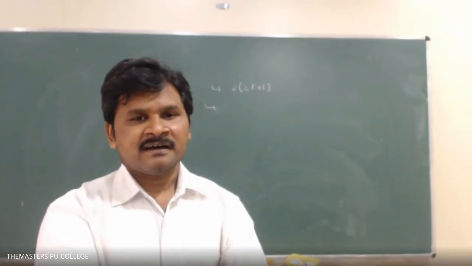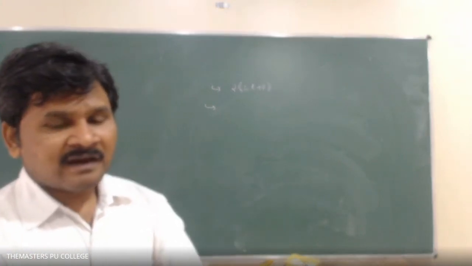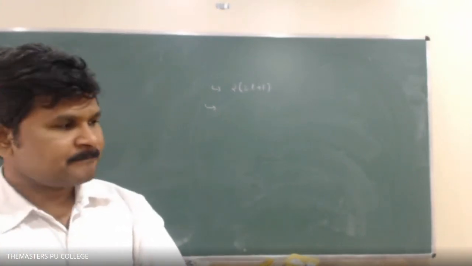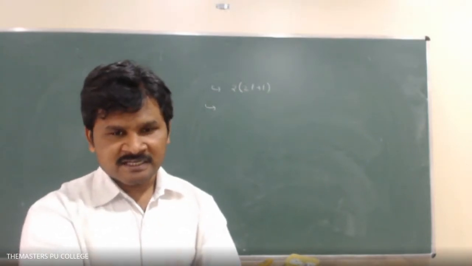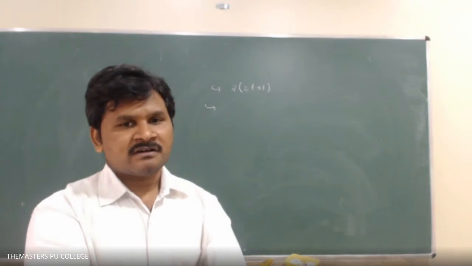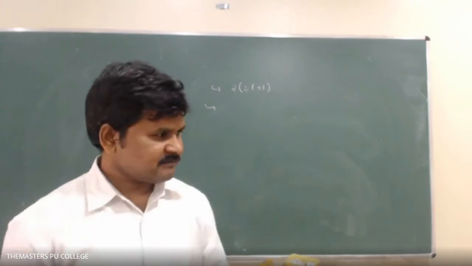Next, number of orbitals in a subshell is equal to, write in bracket, 2l plus 1.